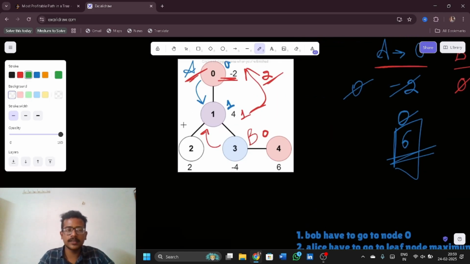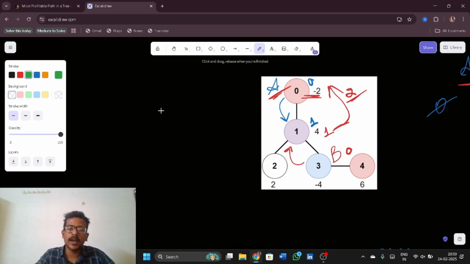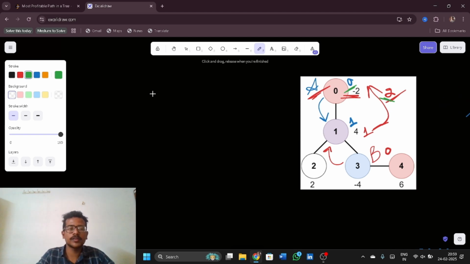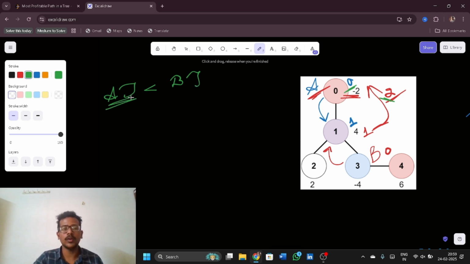But the other observation is that at 0 of Alice's time, 2 is the time where Bob has arrived. So Alice's arrival time is less than Bob's arrival time. That means Alice has arrived before Bob has even arrived. So the value will change.